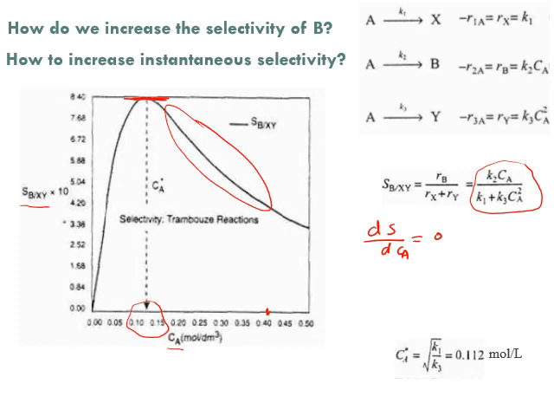Instead, you will use the CSTR, because the CSTR operates at the exit concentration only. You have one concentration inside the reactor, and I can operate it at that concentration. So let's use a CSTR.